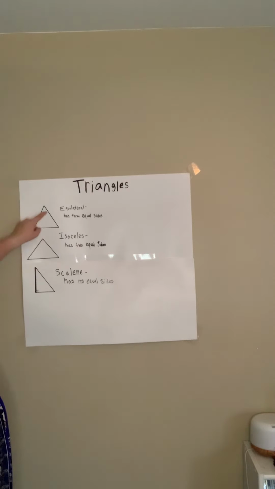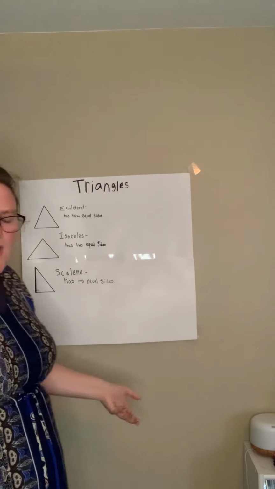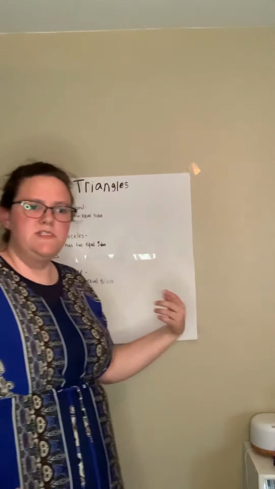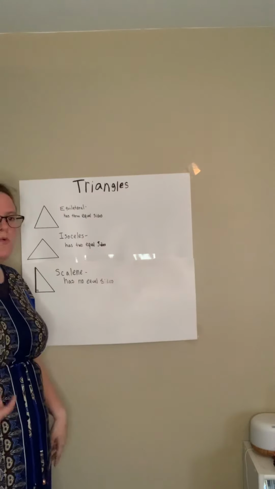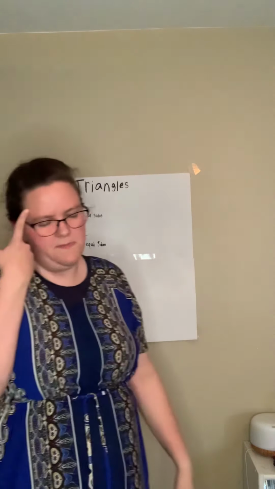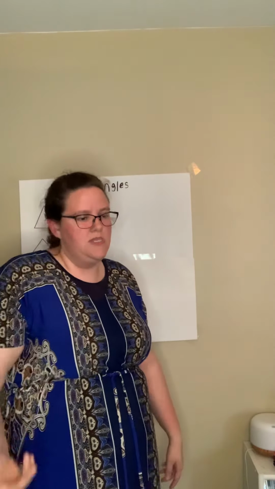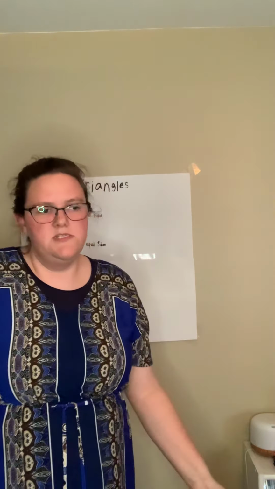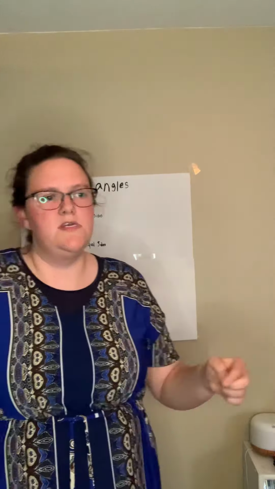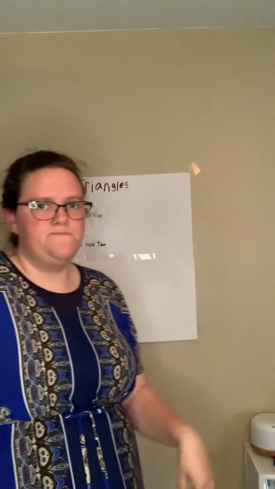Same on this one, this equilateral triangle has acute angles. On this example, there isn't any obtuse, but when we think about obtuse angles, we think about larger than 90 degrees. Acute is less than 90 degrees, and the right angle is 90 degrees.